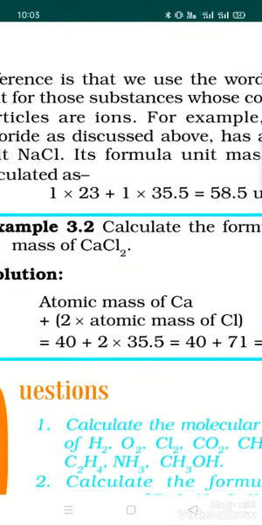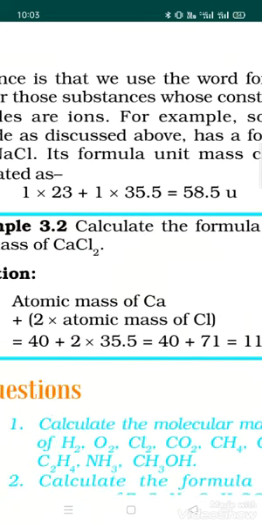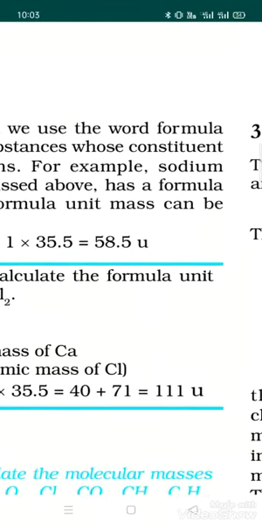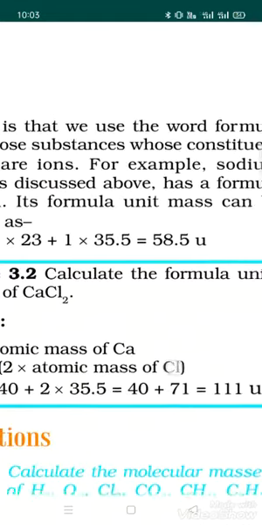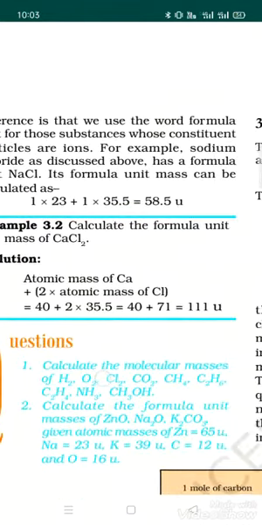So just calculate them and we got 58.5 U. So the formula unit mass for NaCl is 58.5 U. An example is here, you can calculate it by yourself.